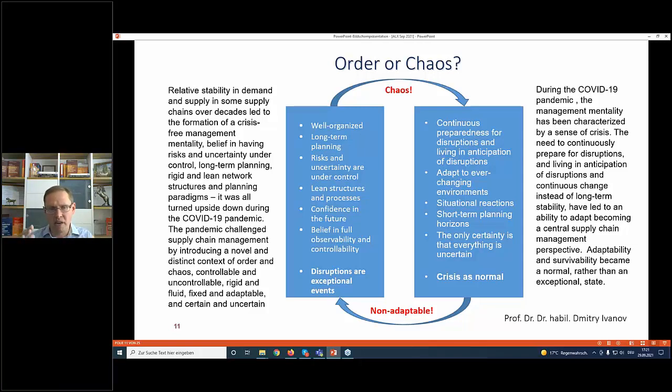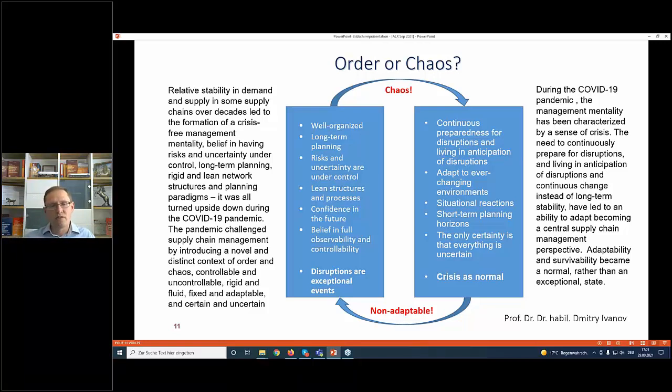We considered some random uncertainty fluctuations of demand, of lead time. However, no one could imagine that something like a pandemic, and something like what we see now in the energy sector, inflation, can come, right? These previous concepts were based on beliefs that we have risk and uncertainty under control, that we can make long-term planning.